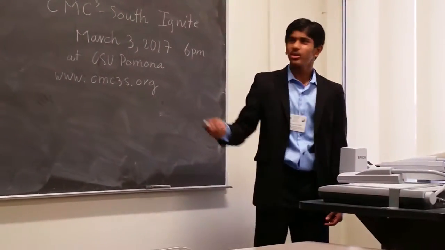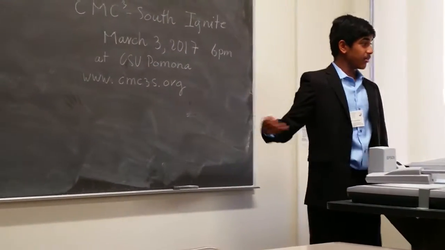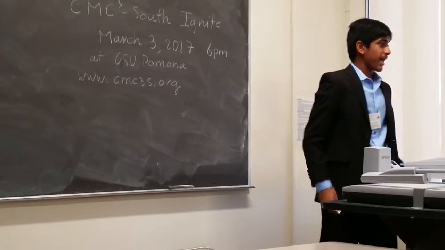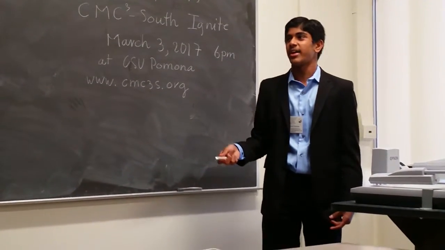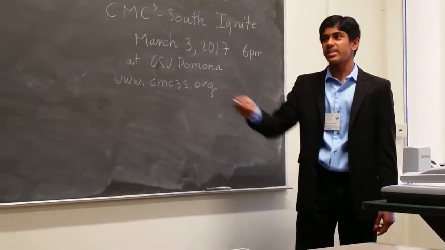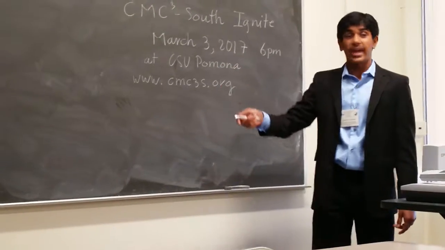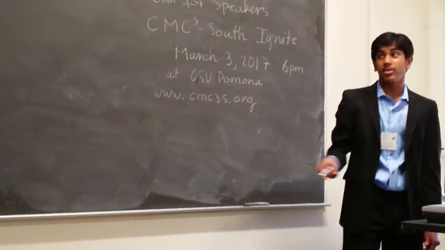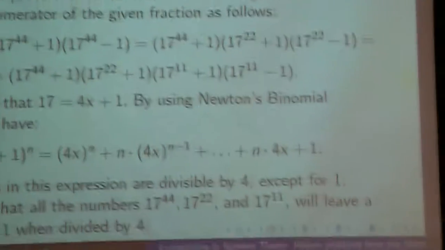So let's take a look at the first three factors that we end up with by breaking it down. How are we going to find out the maximum value of n? Well, let's see what happens if we divide 17 by 4. You get a remainder of 1. And similar to how we did the first problem, whenever you have 17 raised to a power, according to the binomial formula, every term is divisible by 4 except for 1.